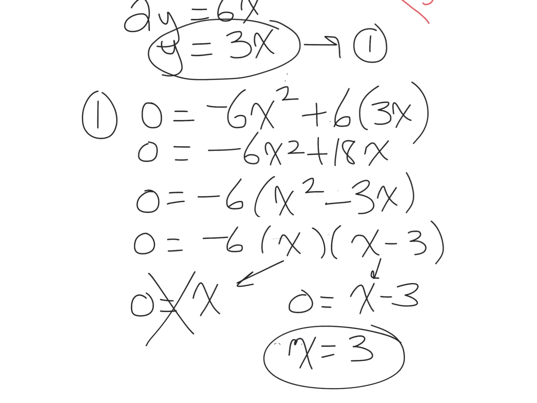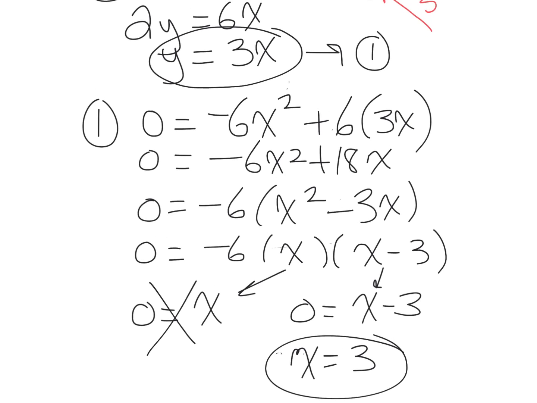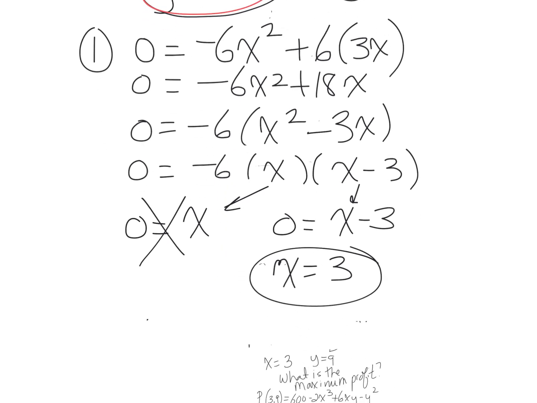I'm going to make this a little smaller so that I can show you the relationship that we found, right? Right here. We found that y is equal to 3 times x. And so we're just going to be able to substitute y is equal to 3x.